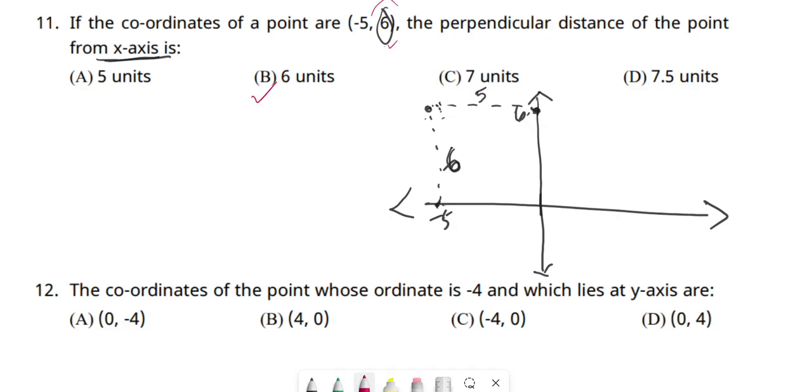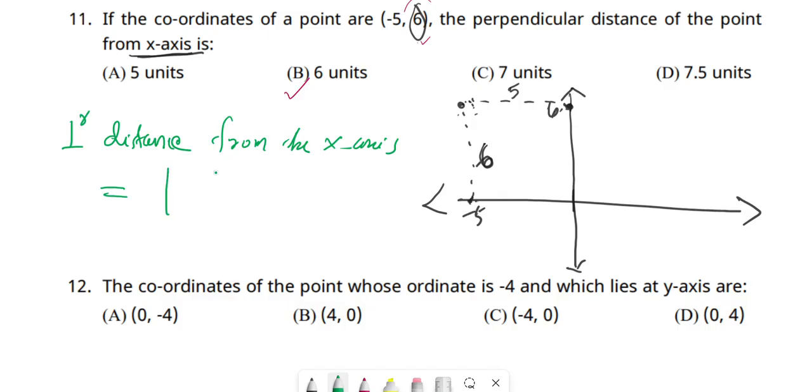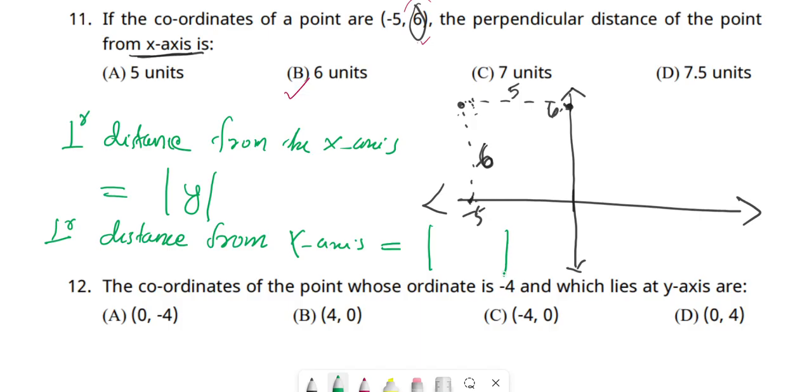The perpendicular distance from the x-axis is always equal to the absolute value of the y coordinate, and the perpendicular distance from the y axis is always equal to the absolute value of the x coordinate.